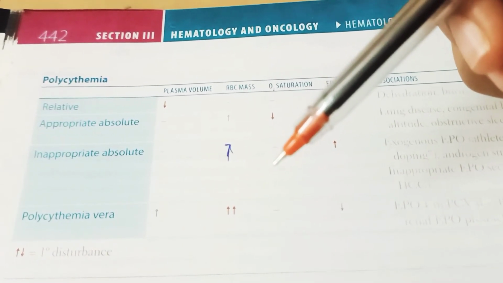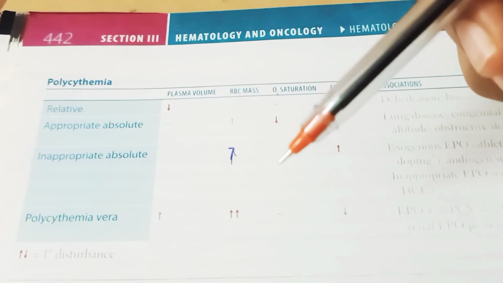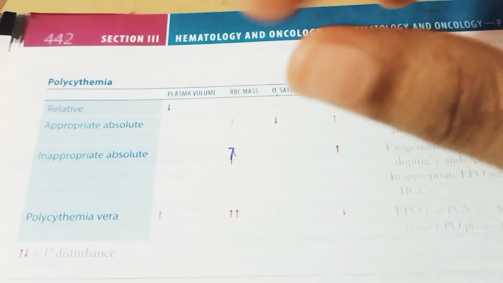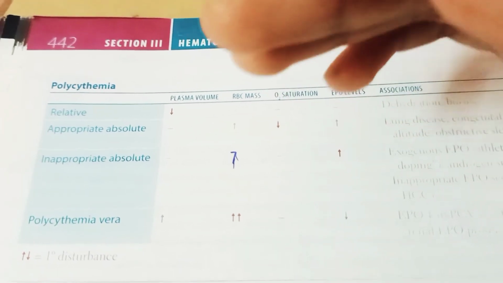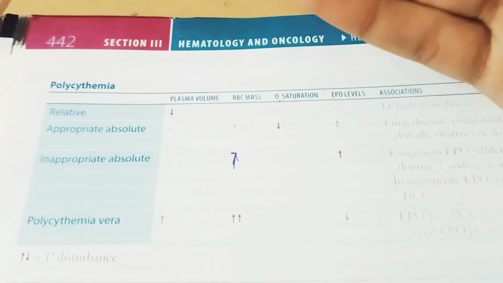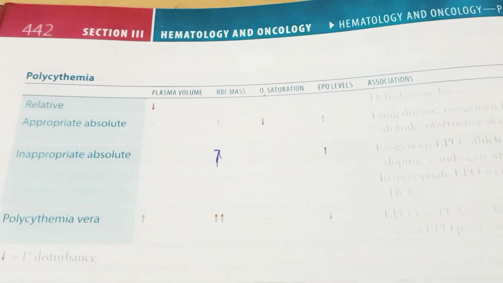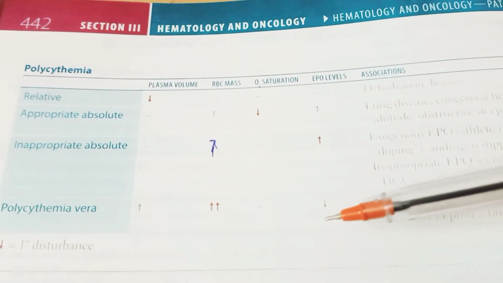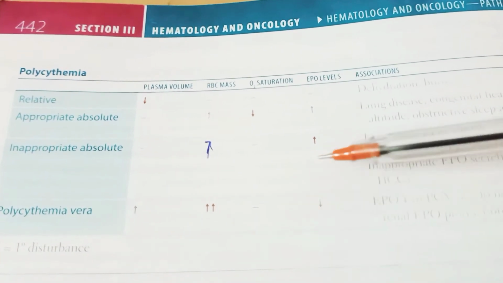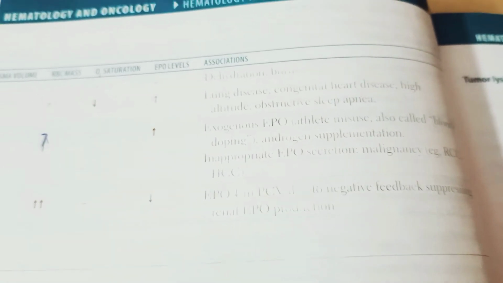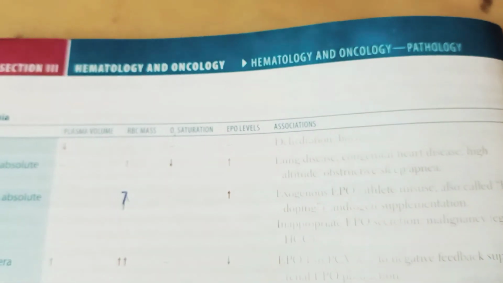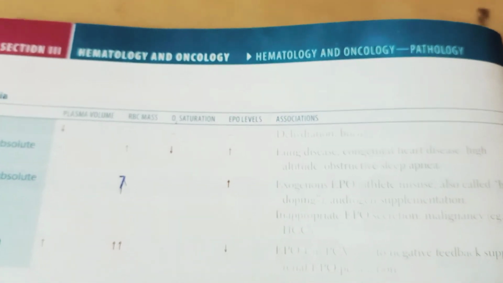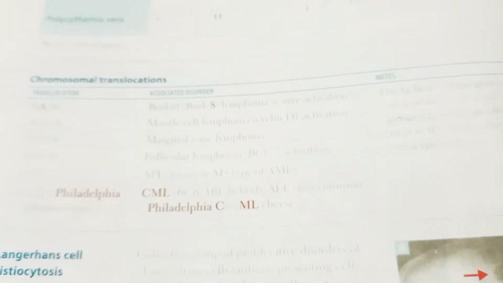In chronic myeloid leukemia, of course, RBC will not rise, though in some other leukemias RBC may rise. As RBC has already risen, EPO levels drop, so there is no need to raise EPO. So EPO is dropped in PV due to negative feedback suppressing renal EPO production.